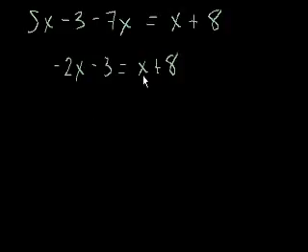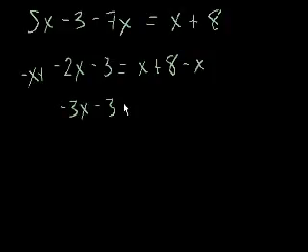Now, if we want to take this x that's on the right-hand side and put it over the left-hand side, we just subtract x from both sides. The left-hand side becomes minus 3x minus 3 is equal to, these two x's cancel out, it's equal to 8. Now we can just add 3 to both sides to get rid of that constant term, 3 on the left-hand side.